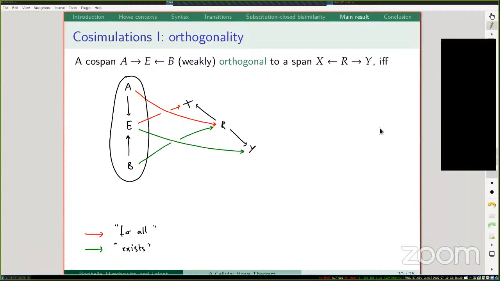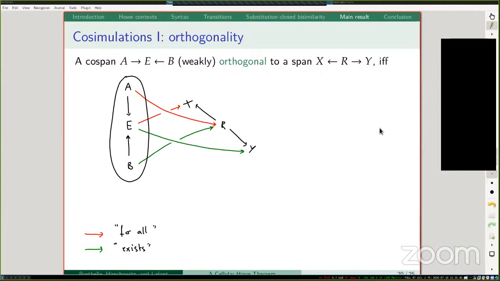And maybe the trick that you're looking for is that we don't really have labels there. We essentially view evaluation as opening the body of lambdas. So it's a heterogeneous relation. And then we restrict attention to substitution clause relations.